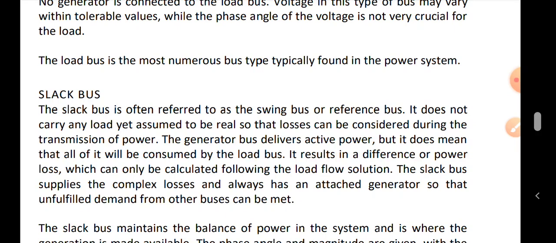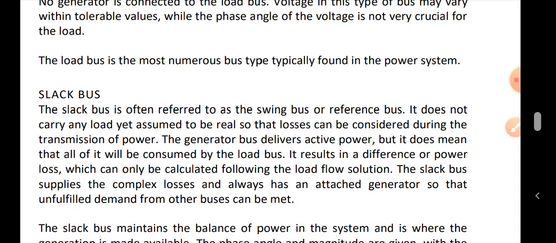This is also called the slack bus. The literal meaning of slack is looseness. So where is this looseness? This is not a rigid bus, this is a loose bus. It means the power here is not of a fixed value.